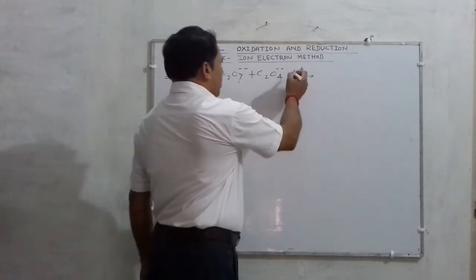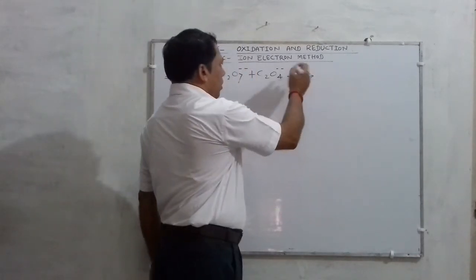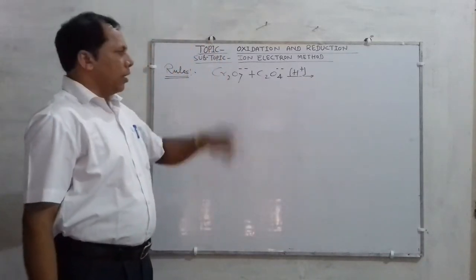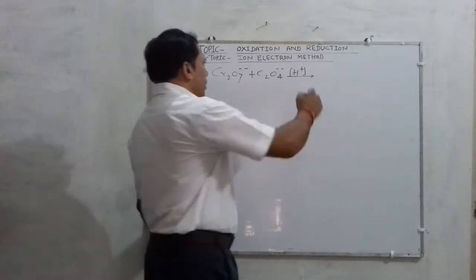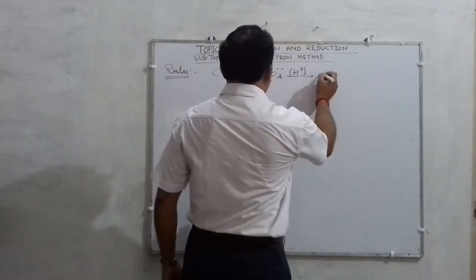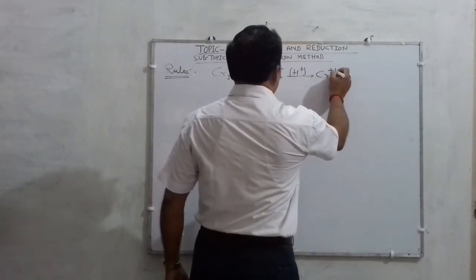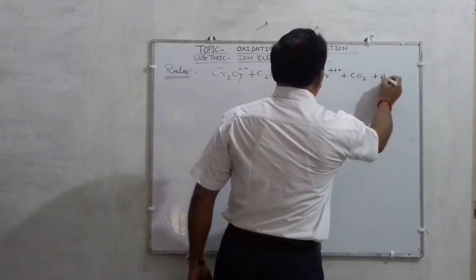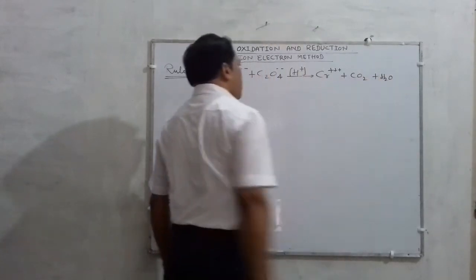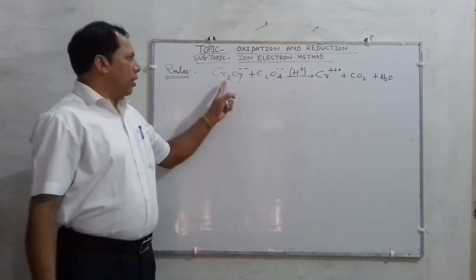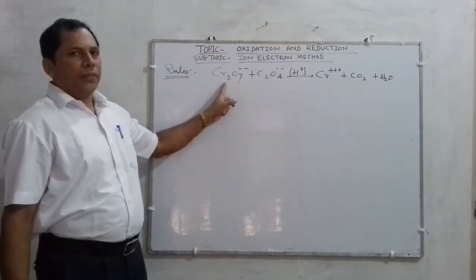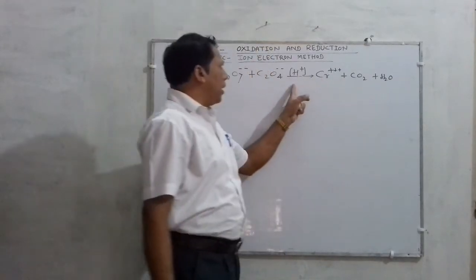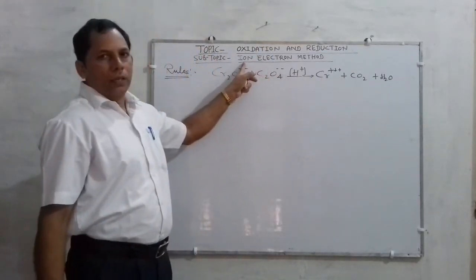This H plus, or any acid written, shows that the reaction is taking place in acidic medium, and it gets changed into Cr 3+ plus CO2 plus H2O. Suppose, children, this unbalanced reaction is given to us and we have to balance it according to this method.